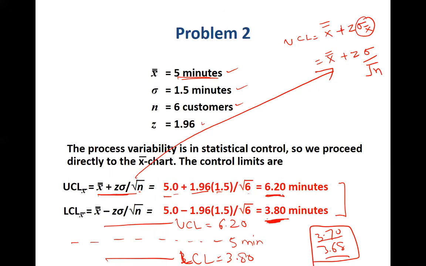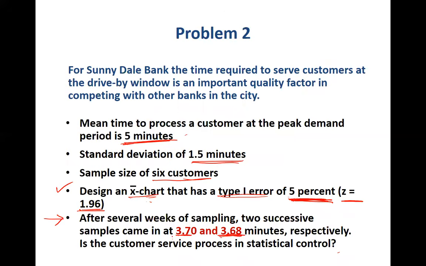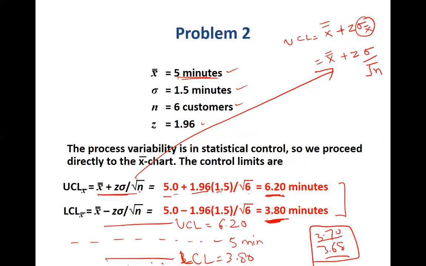And 3.7 and 3.68 will both be actually outside the control limit. Both of them are outside. So the question is whether the process is in statistical control or not. So actually the answer is that the customer service process is really not in statistical control because it's outside the control limit. But then the question one has to ask is, is it outside control in a bad way or in a good way?